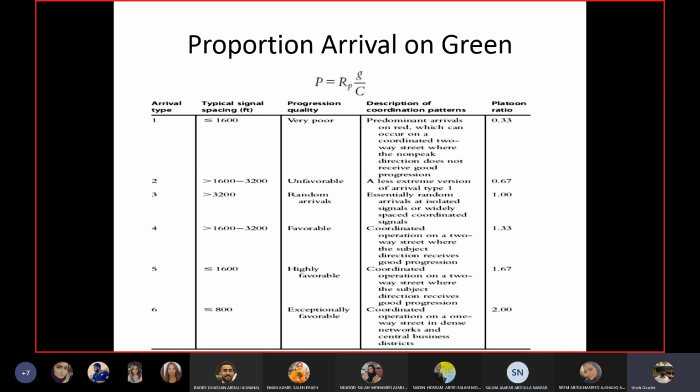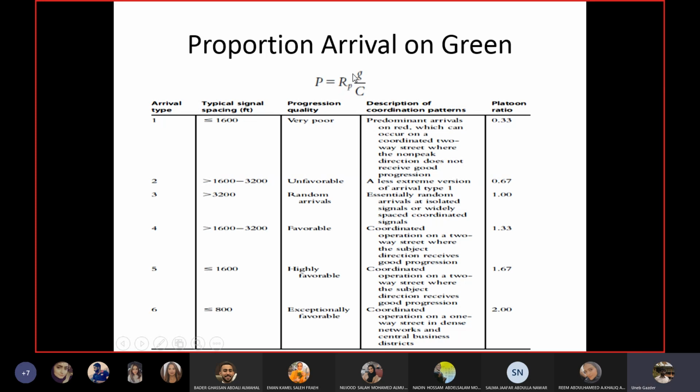Not the total time, but phase time, right? Timing of the phase minus the lost time, which will give you effective green time. So G by C ratio, and this is the platoon ratio, or the percentage of vehicles which are arriving during the effective green time. And this will give you the proportion of arrival during green.